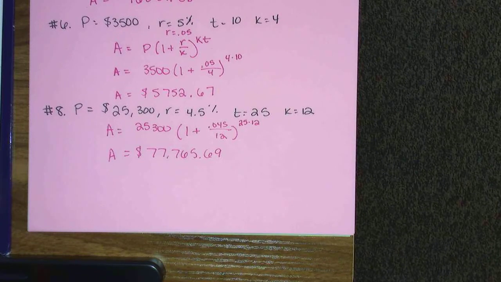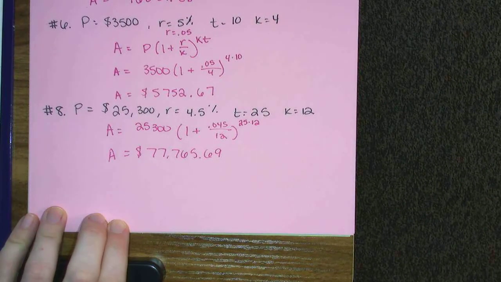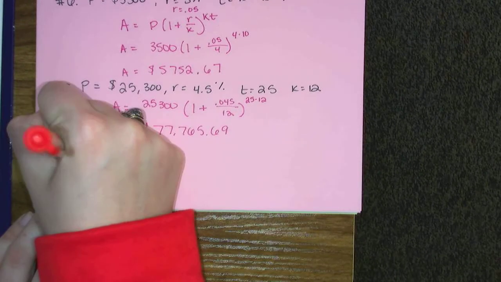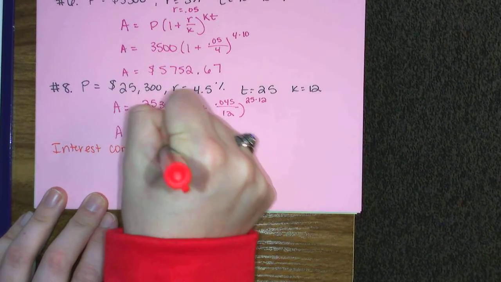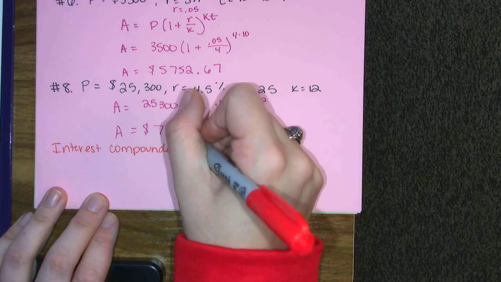Alright, so we had those formulas for interest compounded annually, interest compounded K times per year. We have another formula. We'll look at one problem of that. It is for interest compounded continually.